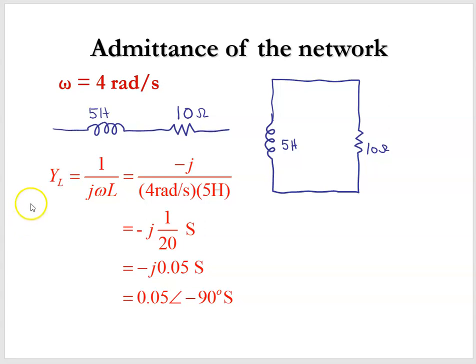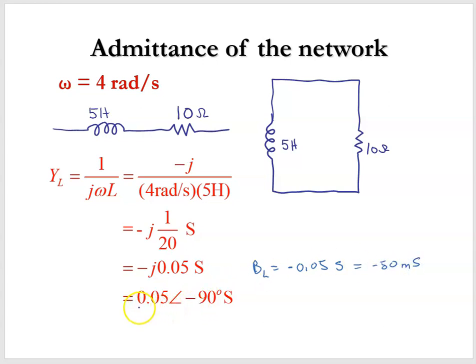If we wanted to look at the admittance of these two in parallel, the admittance of our inductor we can write as negative j over ωL, or negative j times 1 over 20 siemens. That gives us negative j0.05 siemens, where BL is equal to negative 0.05 siemens, or negative 50 millisiemens.